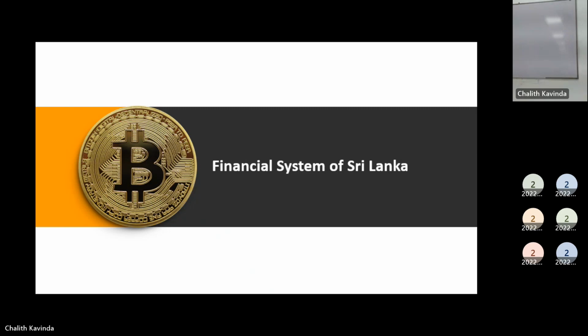Third, we have government. Thereafter, we have the foreign sector. So now this is the economy. These are the major players: households, consumers, business firms, government, and the foreign sector.